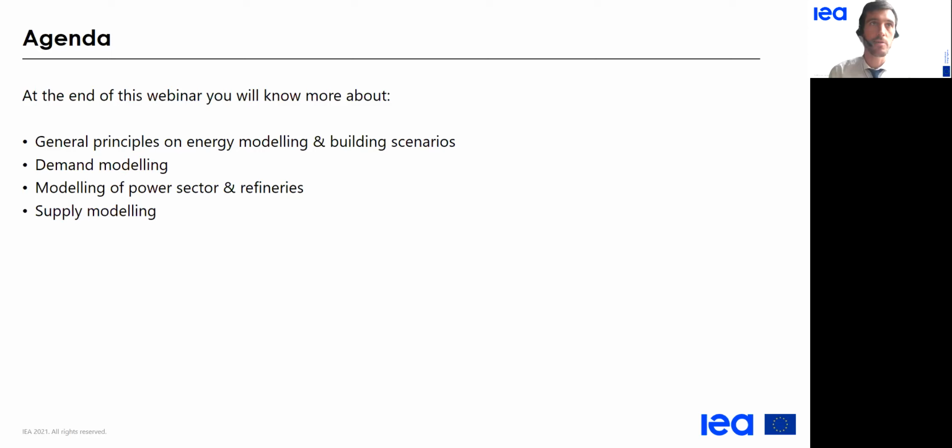We'll have a short break for Q&A, and in the second part of the session, we'll discuss transformation processes, so the power sector and refineries moving from primary energy to secondary energies, and then we'll discuss supply, so primary sources of energy.